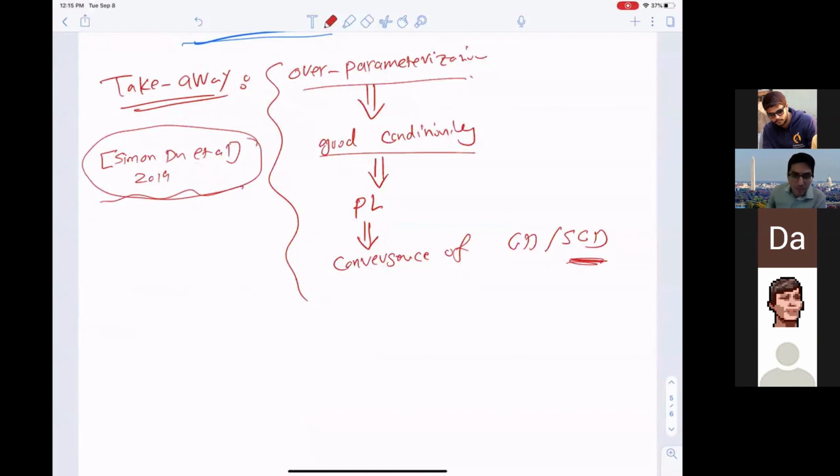So there's a question by Mazda. If the model is sufficiently over-parameterized, but it contains a sharp bottleneck, do our convergence guarantees still hold, or does the bottleneck somehow break one of our conditions? So Mazda, I don't quite understand what you mean by the bottleneck. If you could unmute yourself or clarify it in the message, that would be great.